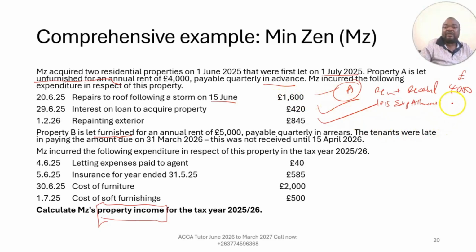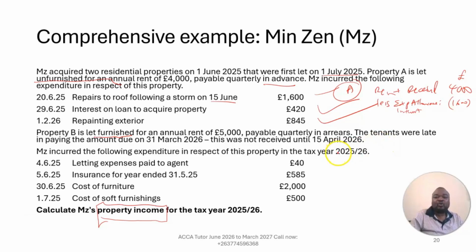That one is allowable. You deduct that one. Interest on loan to acquire property. This one is not allowable. So interest on loan to acquire residential property is not allowable. So that's a 0.